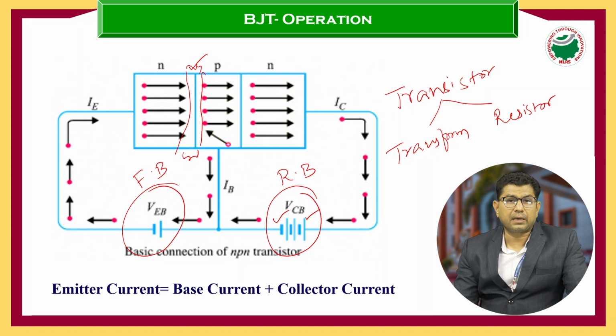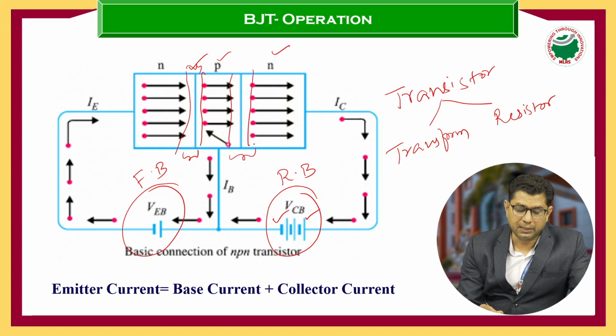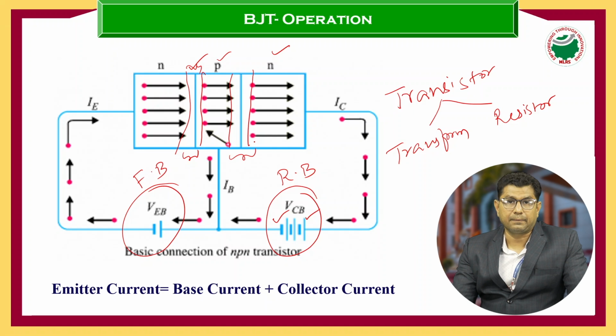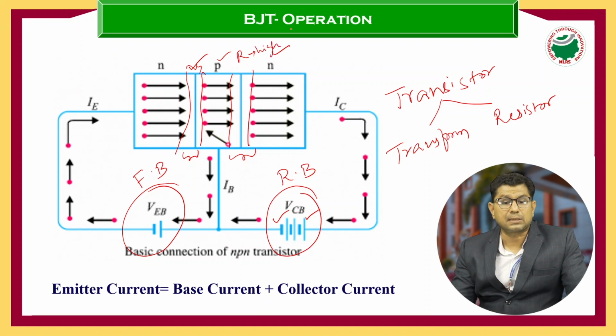When the depletion layer width is low, it offers low resistance. And in this PN junction, which is reverse biased, the width of the depletion layer is high. So when the width of the depletion layer is high, obviously the resistance is high.